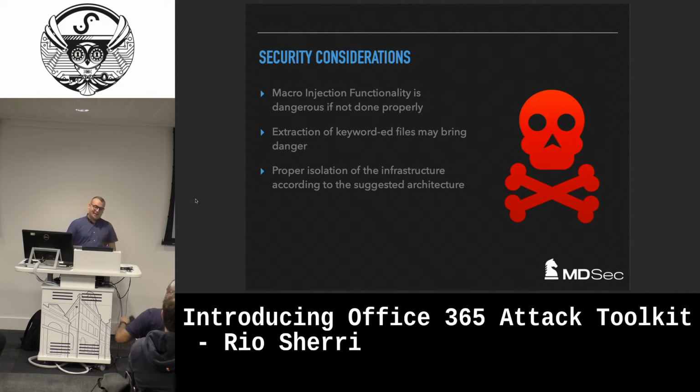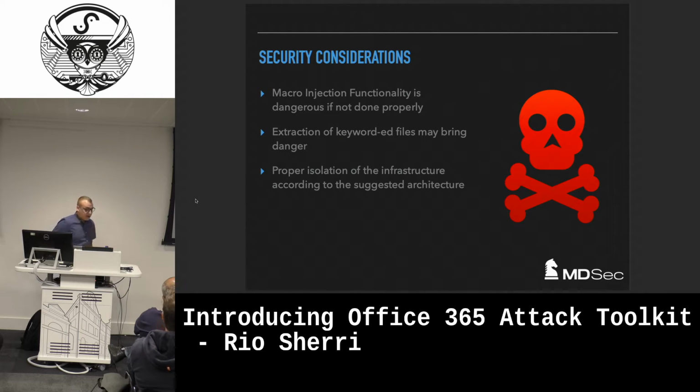Well, as you may know, with any tool that you run on your system, be it a defensive tool or an offensive security tool, there is always some room for other people to attack. There's always an increase in attack surface. So in this case, I wanted to talk about some of the attack surface, which is not really dangerous, but at some point may be if you do not do things properly.